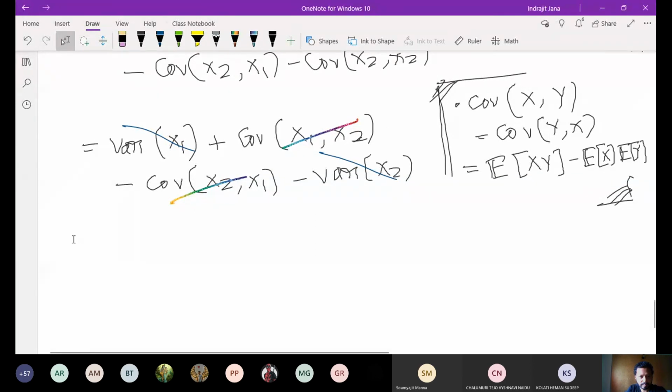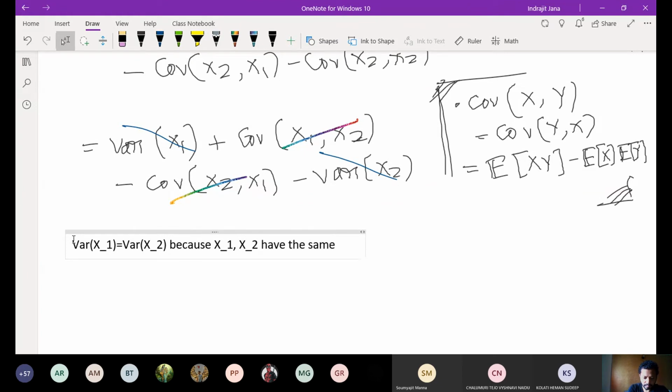So here it means that variance of x1 is equal to variance of x2. x1 and x2 have the same probability mass function or density function, whatever it is. Since they have the same PMF or PDF, when you calculate the expectations, you will get the same answer. Anyway, the final answer is 0.